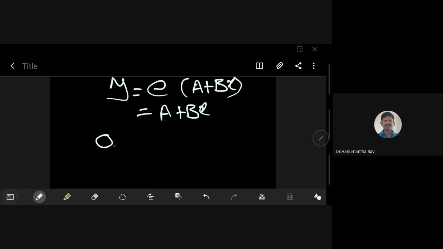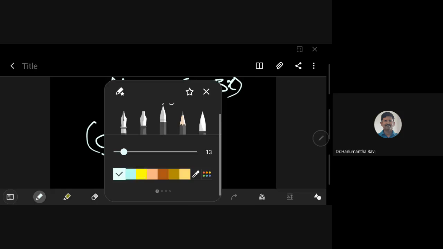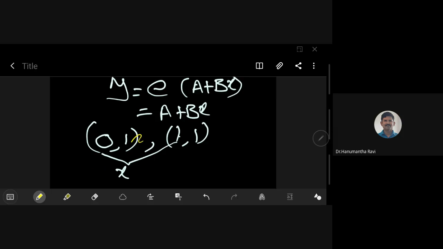This curve is passing through 0, 1 as well as 1, 1. So here what we are saying is that x can be 0 or 1, but y is always 1.